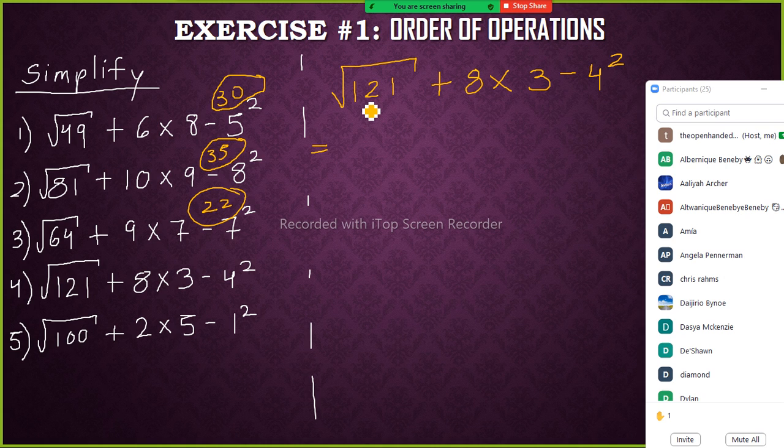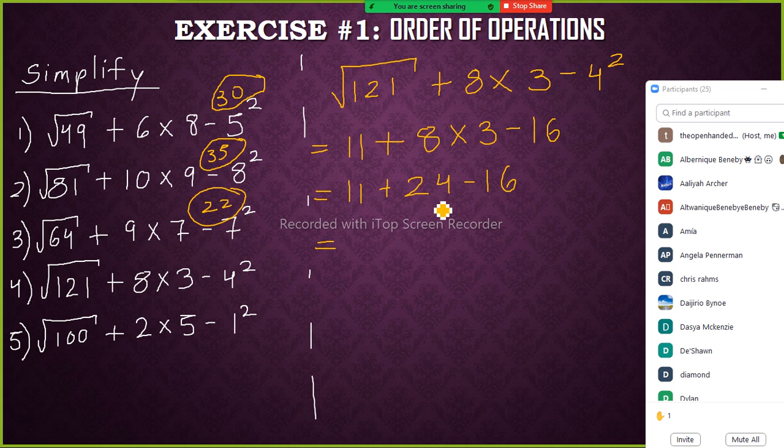And then the square root of 121 is what? It's 11, plus 8 times 3, minus 4 squared is 16. Equals 2. 11 plus, oh, I almost added these two. You're not supposed to add them. 8 times 3 is 24, minus 16, is going to be equal to 11 plus 24.